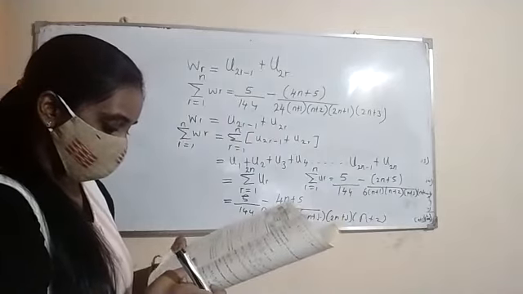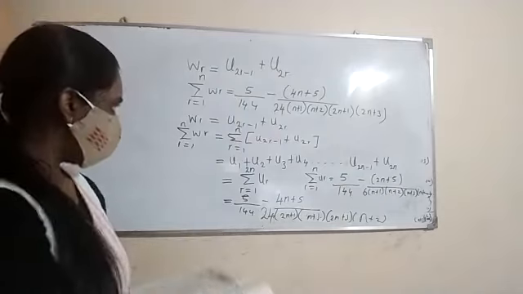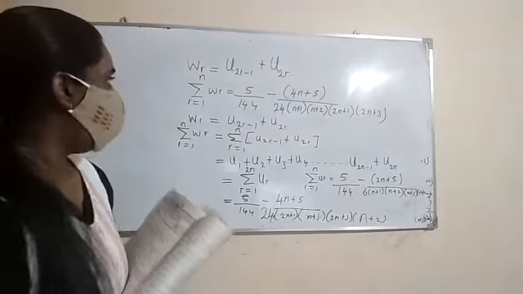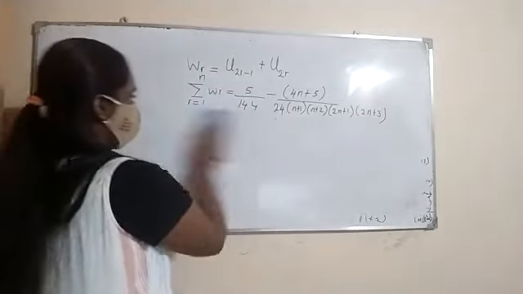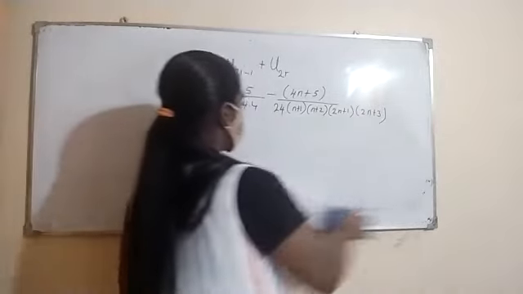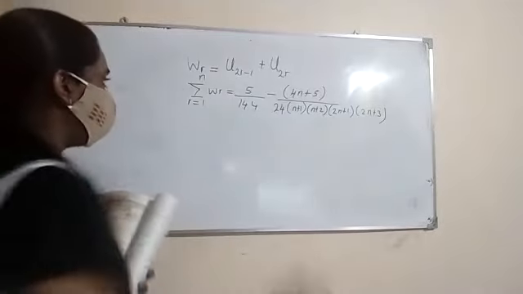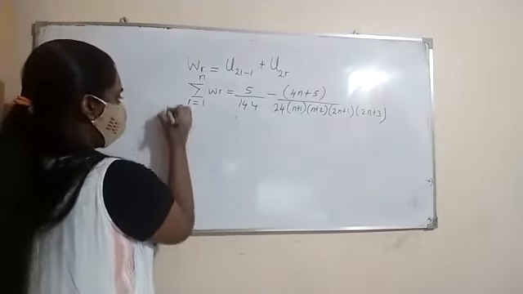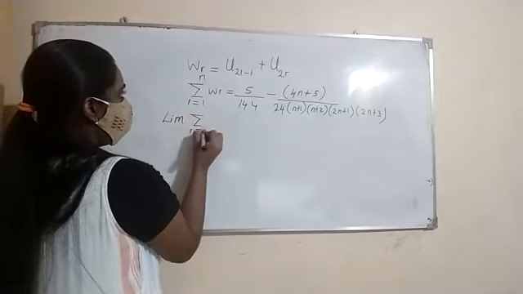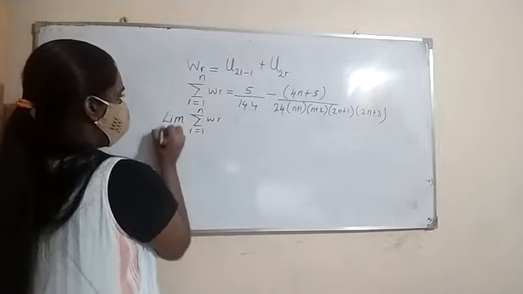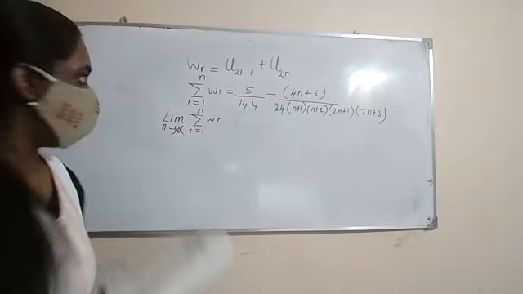Show that the infinite series is convergent and find its sum. Okay. So let's see how to show the infinite series is convergent and find its sum. What we are going to do is take limit on both sides. Limit of sigma r running from 1 to n wr as n tends to infinity. Infinite series they have mentioned.